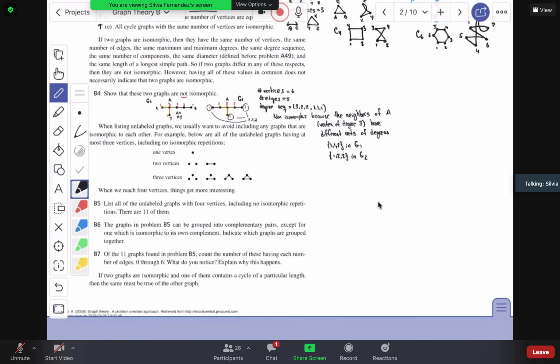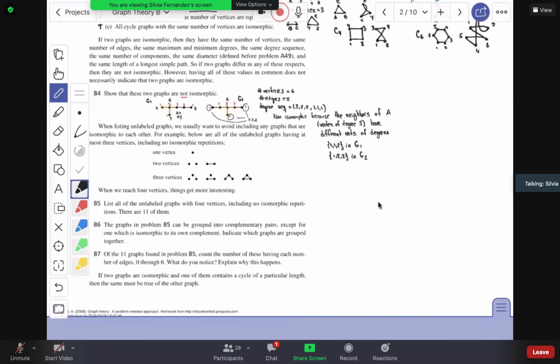That's the only thing you need to do. You don't have to explain anything. Just show me the labels. However, you have to figure out how to find those labels, and that's what we want to practice.